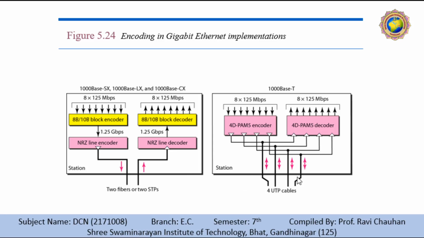In a 4-wire implementation, it is not possible to have 2 wires for input and 2 for output, because each wire would need to carry 500 Mbps, which exceeds the capacity of our category 5 UTP.